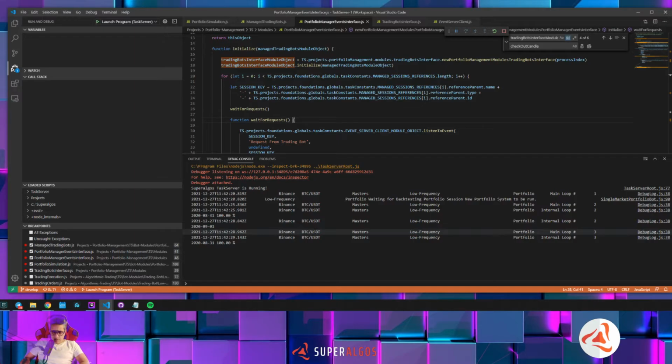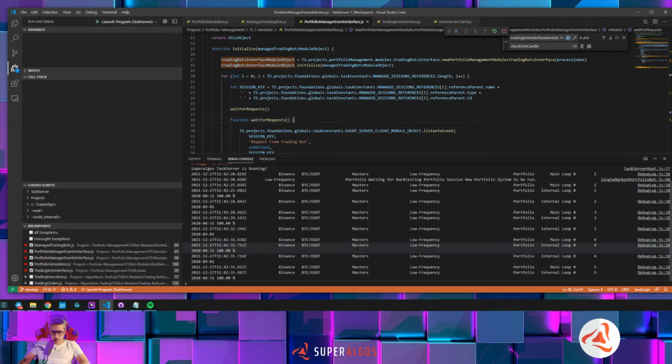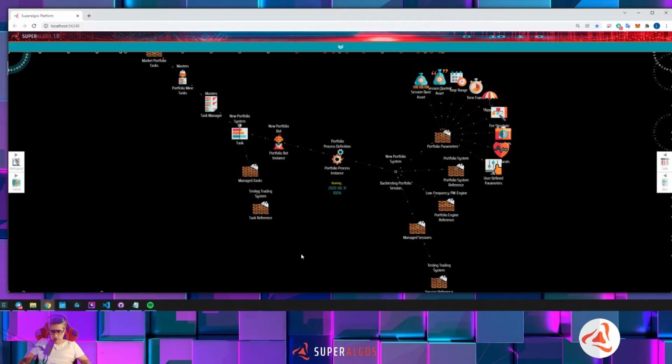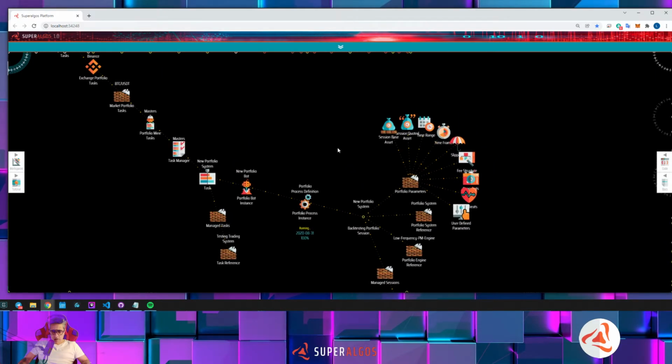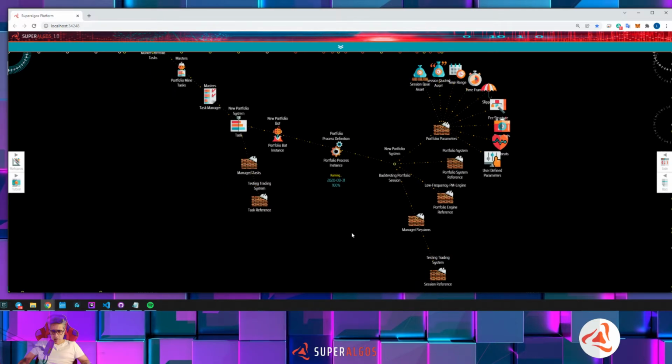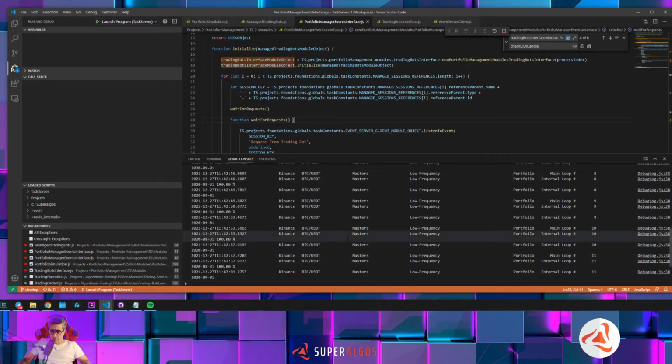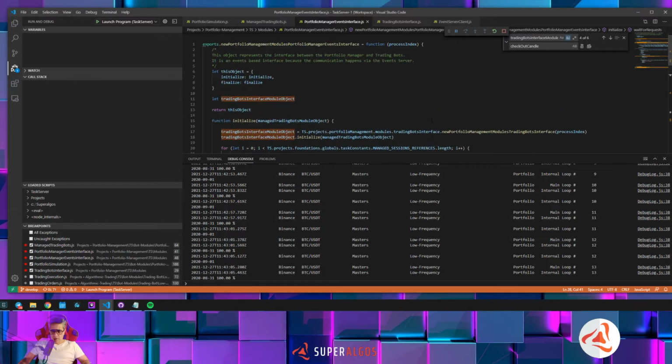So this should stop. And well, it looks like this run was not. So why this looping? Why is this looping?